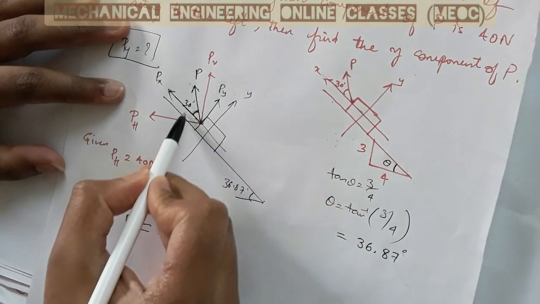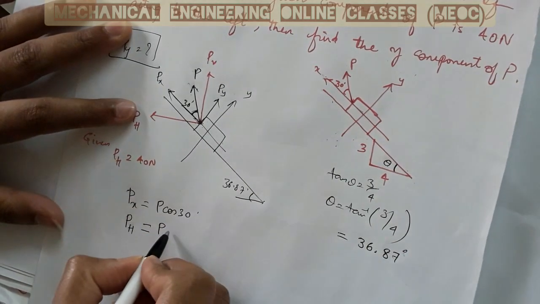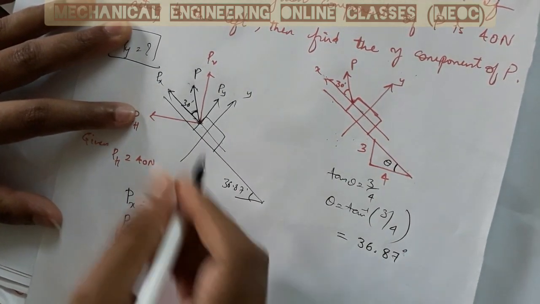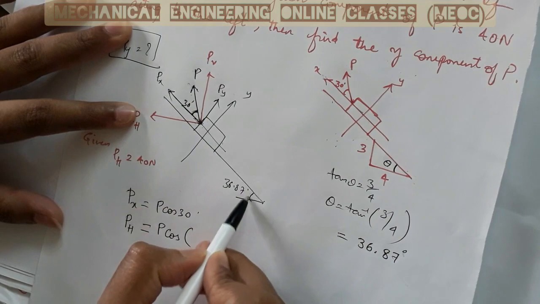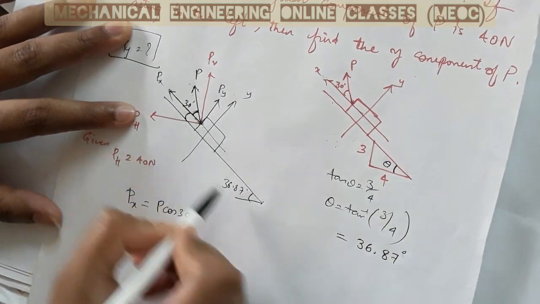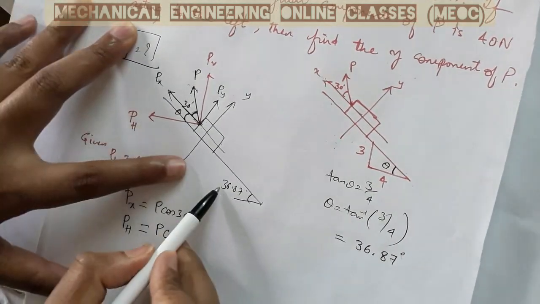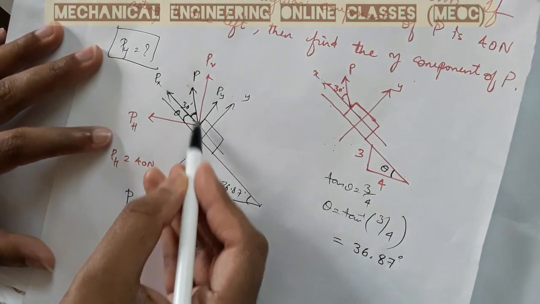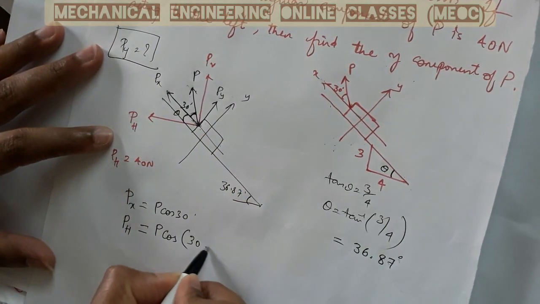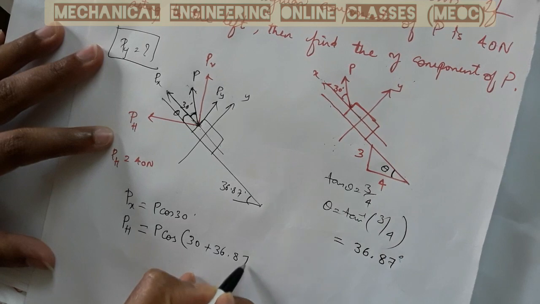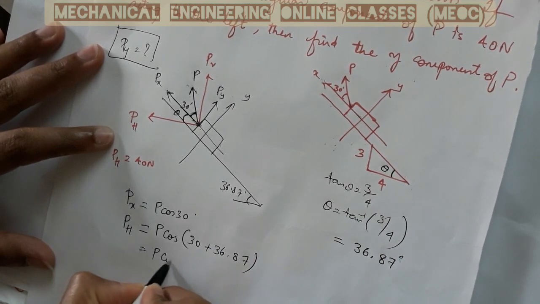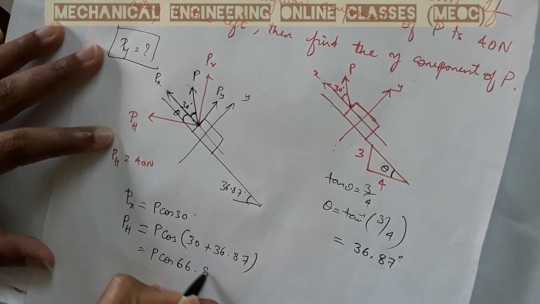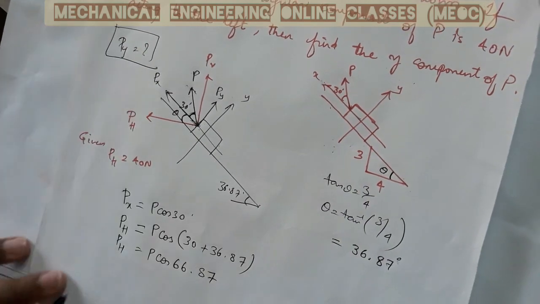What will this component be? P cos of 30 plus this angle theta, 36.87. So PH is P cos of 30 plus 36.87, which is nothing but P cos of 66.87. This is PH.